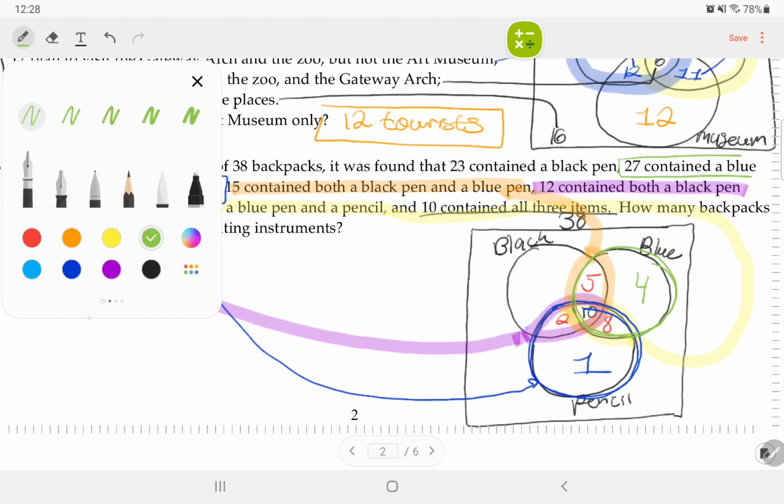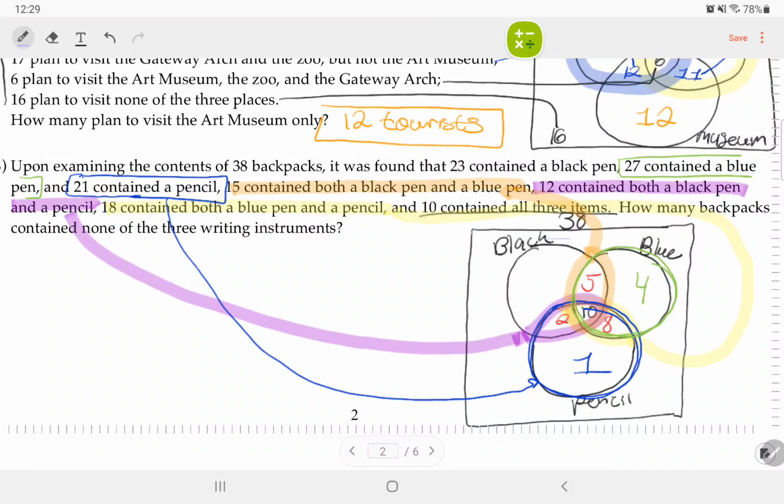Last but not least, we'll go with purple. It says 23 contained a black pen. So the entire circle for black pen must add up to 23.